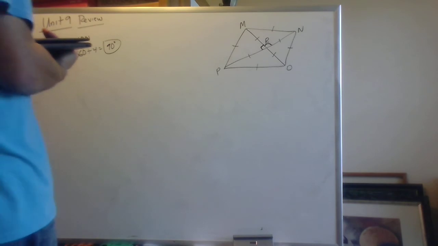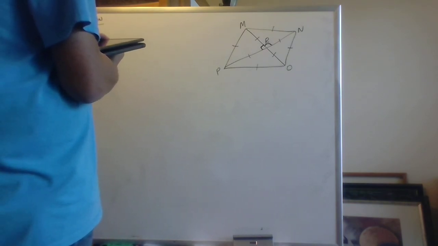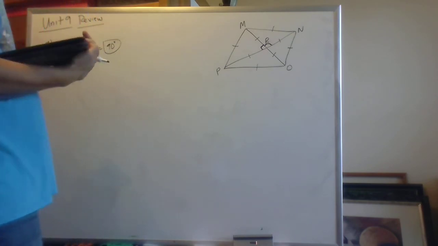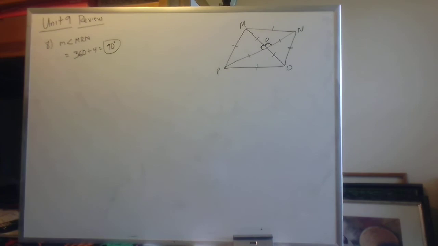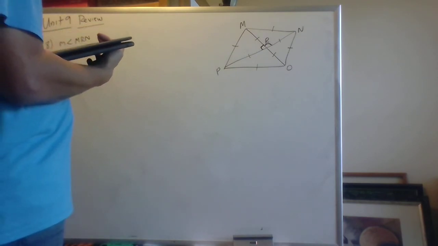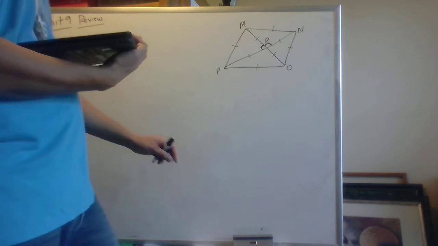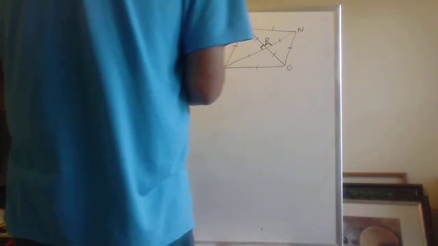And then numbers 18 and 19 are basically the same type of problem that we've done previously. They want you to look at these shapes and determine if the quadrilateral is a parallelogram. I'm going to do number 18, and I'll let you do number 19 on your own.